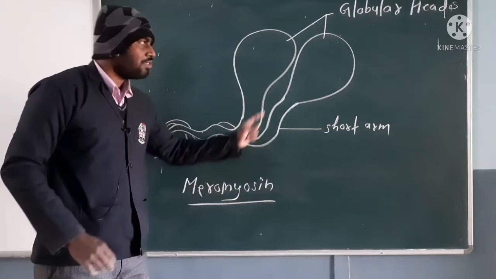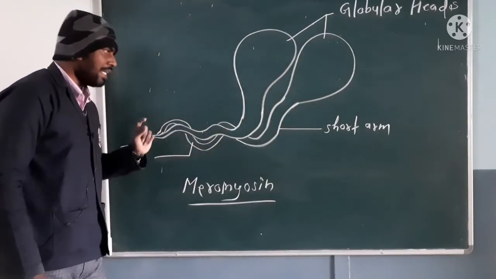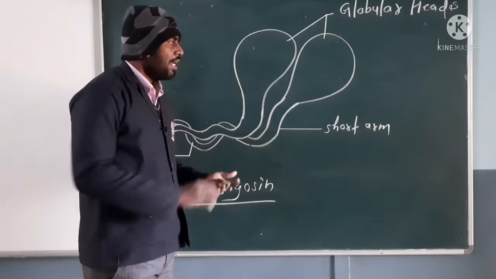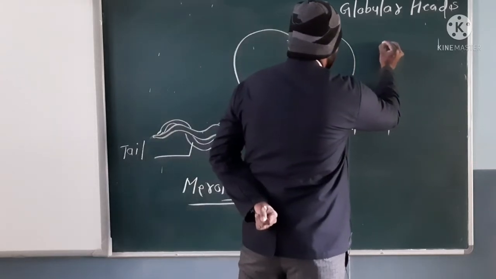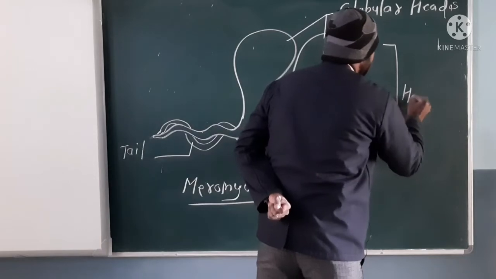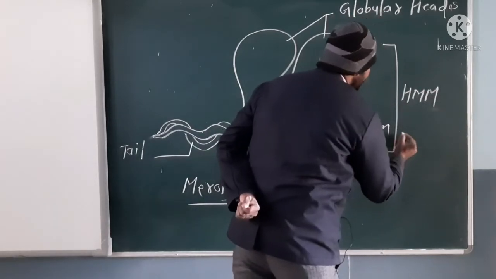These three regions, globular heads of meromyosin, short arm and tail, this whole structure of meromyosin, is further divided into two components. One is called HMM, heavy meromyosin component.